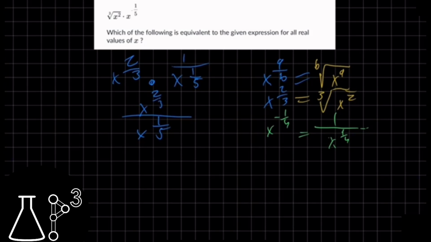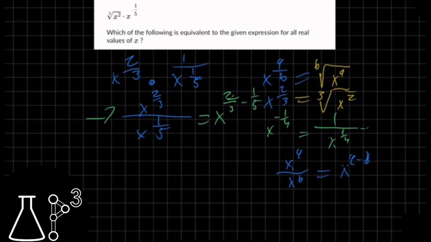So if I have x to the power of a dividing by x to the power of b, that is equal to x to the power of a minus b. So in this situation, we can rewrite this as x to the power of 2 over 3 minus 1 over 5.